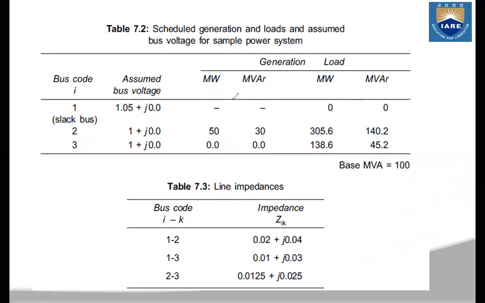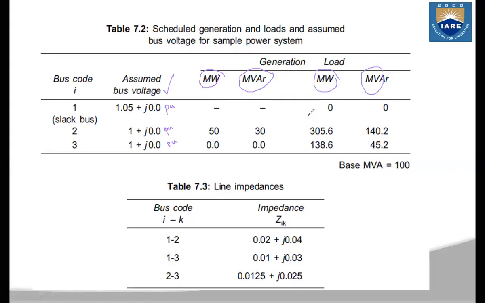Now if you observe here, the voltages given are 1.05, which is given in per units. These are also assumed voltages, also in per units. Generation is given in megawatts and MVAR. Load is also given in megawatts and MVAR.